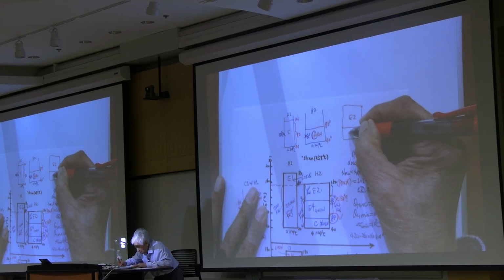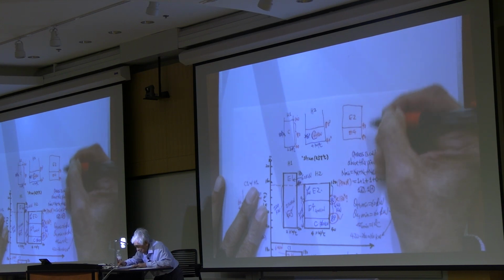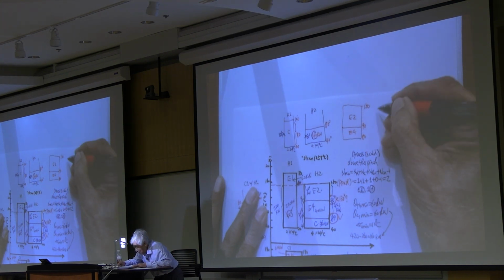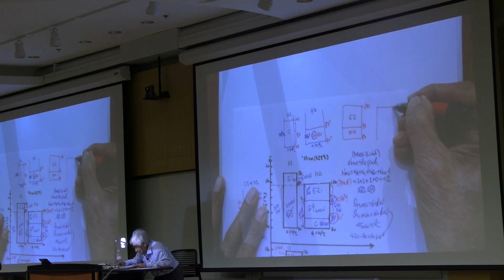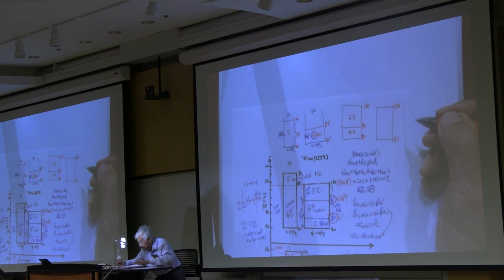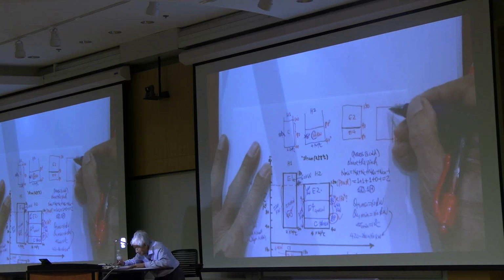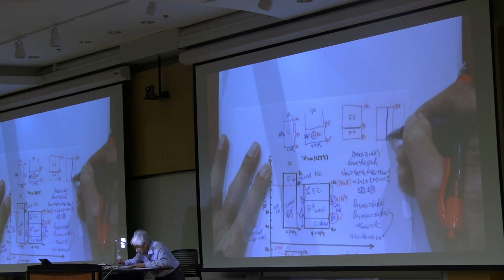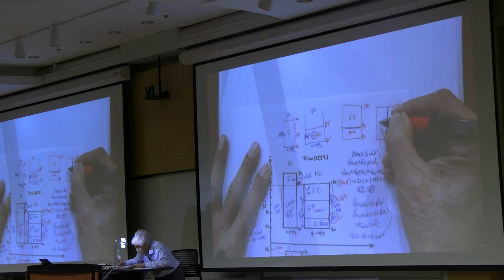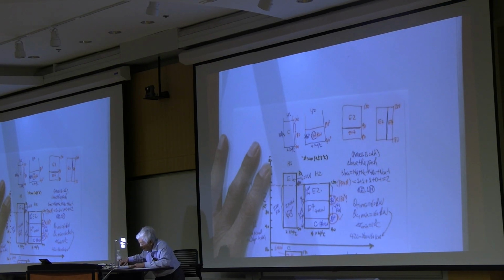E2, E4, 90, 80, 150, right? 150, 80. Split it. Now you check.